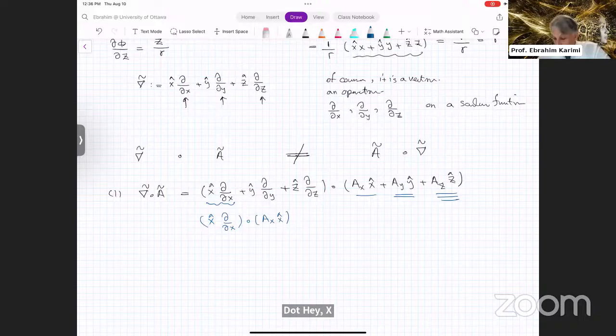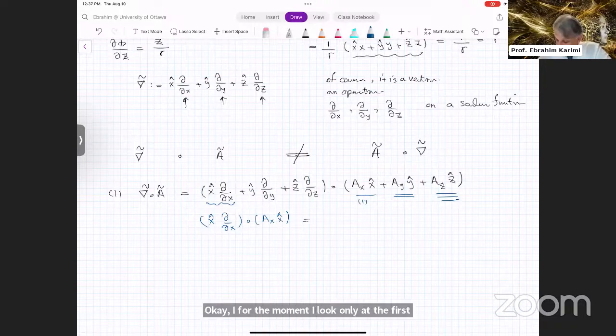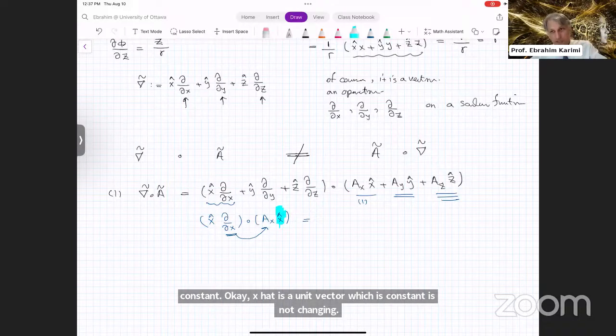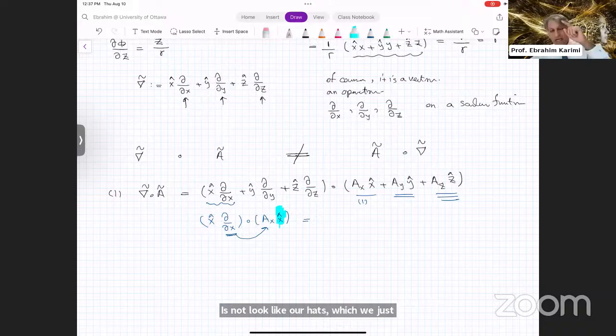Okay, for the moment I look only at the first term. What is the result of this? The derivative is acting on these two terms, but x hat is a constant. x hat is a unit vector whose magnitude and orientation are fixed in space, unlike r hat, which we just derived.